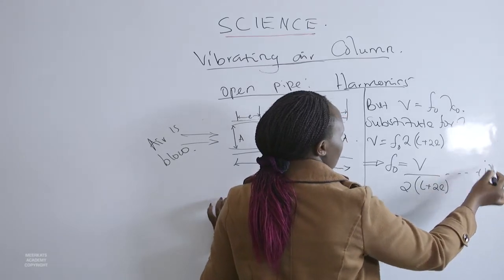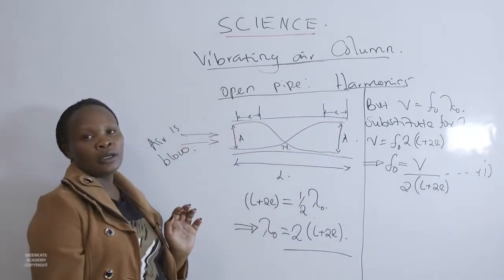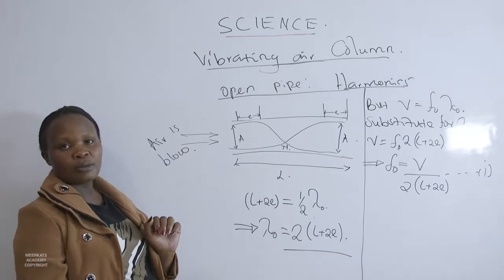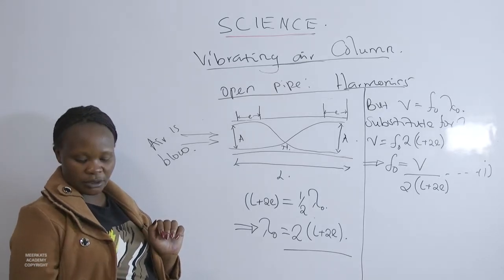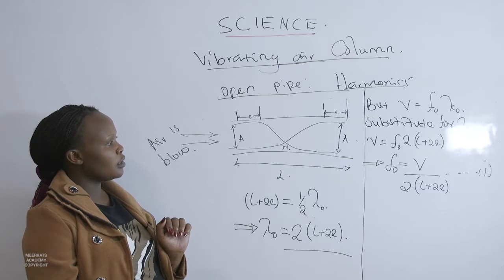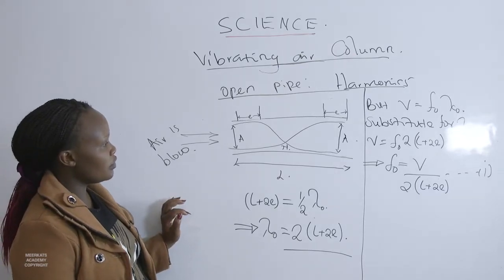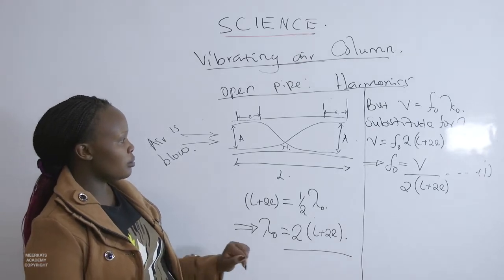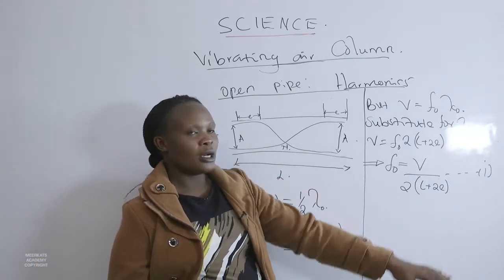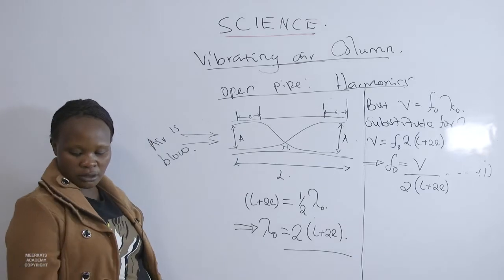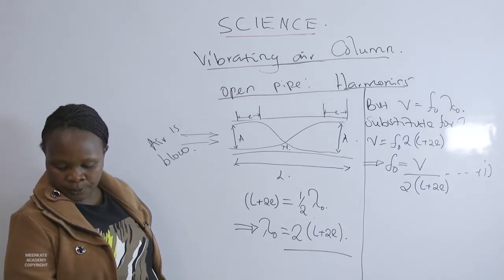We call that equation 1. That is the expression of our fundamental frequency. Now that we have fed it into the relationship that we have, we can manage to come up with such a kind of relationship.